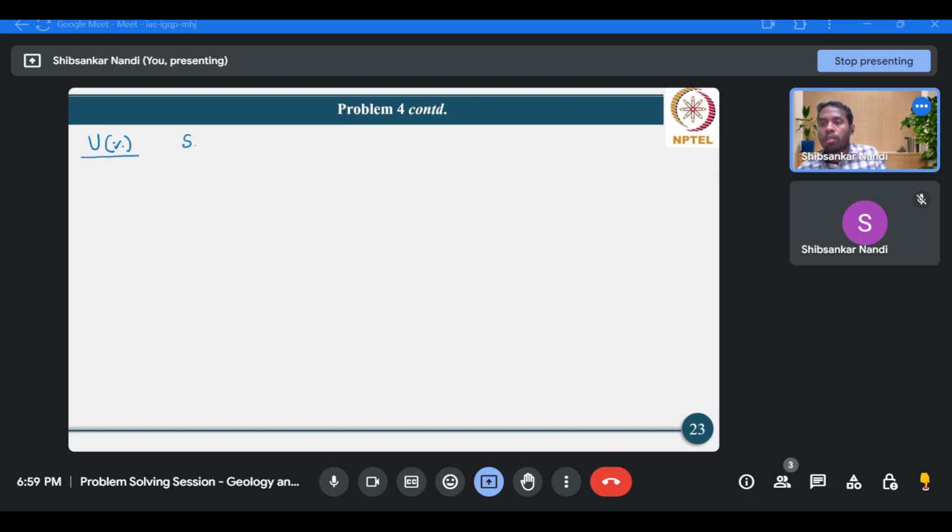Then we'll calculate the corresponding settlement. Then we'll calculate the TV, and then we'll calculate the time, which is 24 times TV.